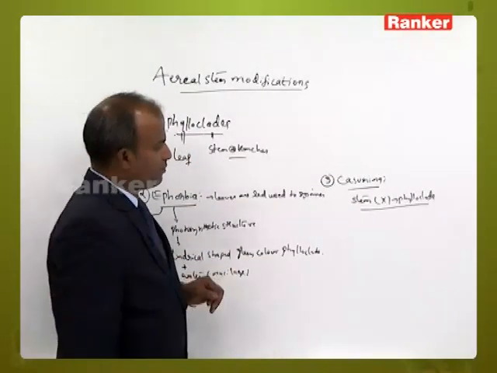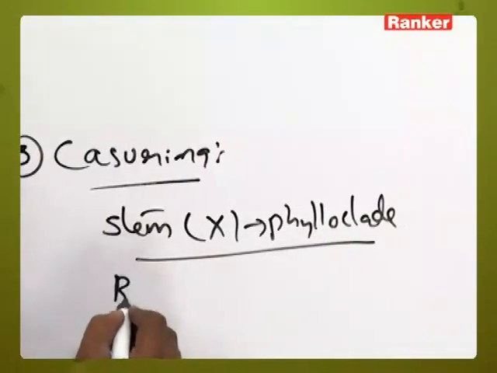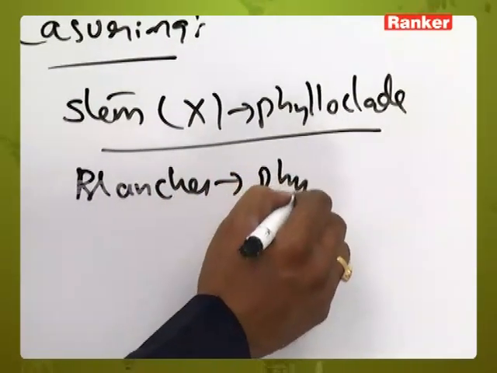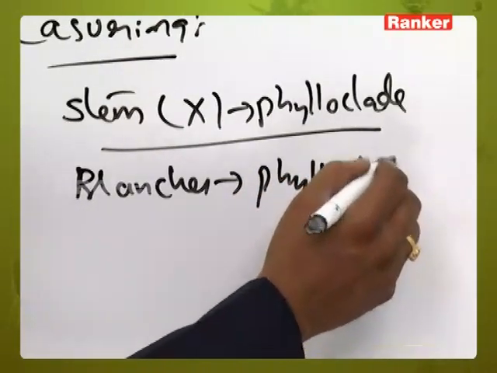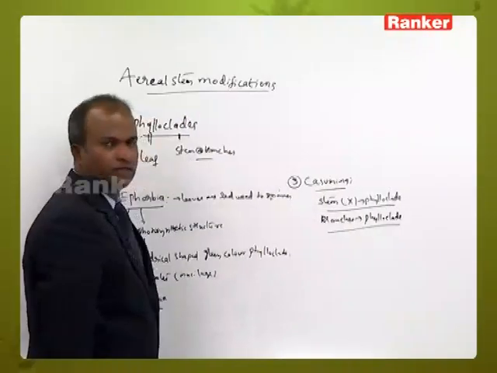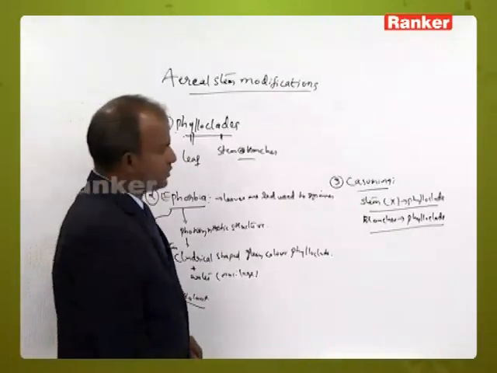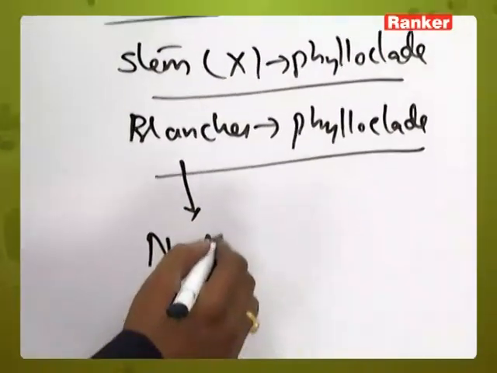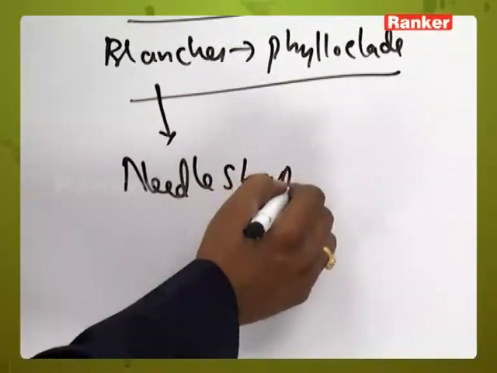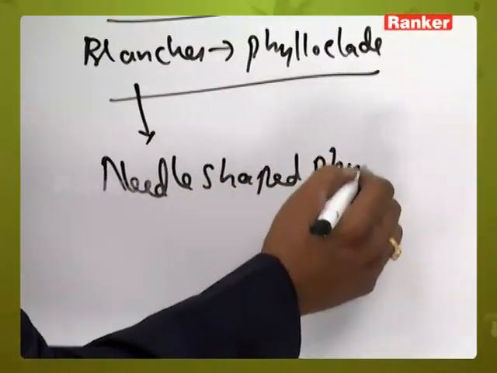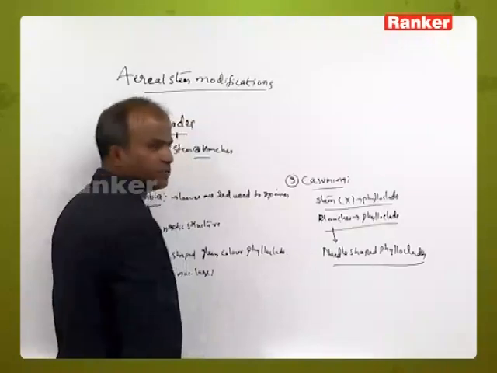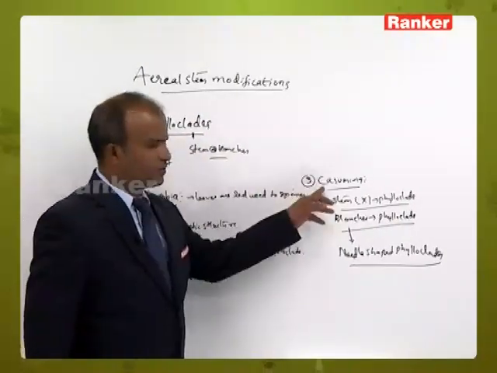That means in casuarina, the branches are modified into phylloclade. Which shaped branches? Needle shaped branches. Needle shaped phylloclades can be seen only in casuarina.